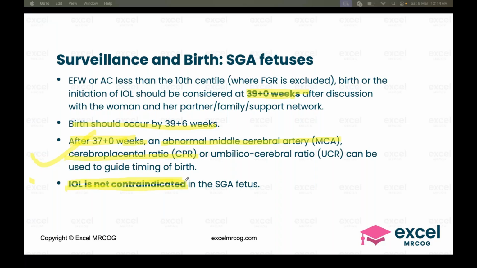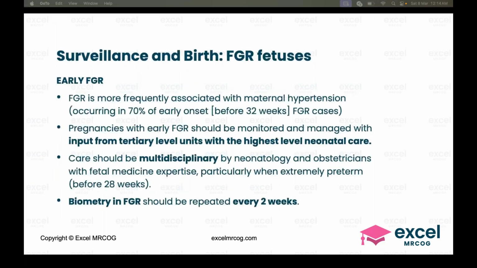Right. Okay. Now going to early FGR. Early FGR is, as we have already seen, the severe variety, where the placental problem is so severe that you get absence of flow. Right? That is what we saw. So such babies have to be looked after really carefully.